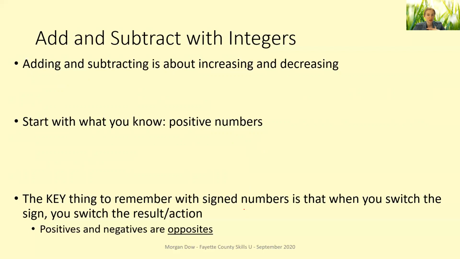That's the key principle that everything we talk about today builds on. So keeping in mind that positives and negatives are opposites, switching between them is going to switch what happens.